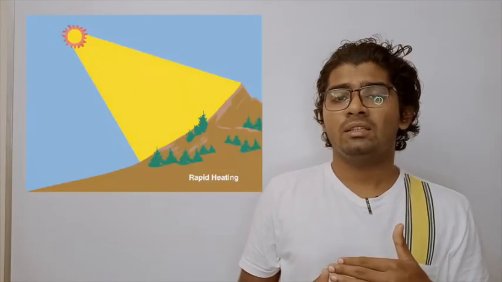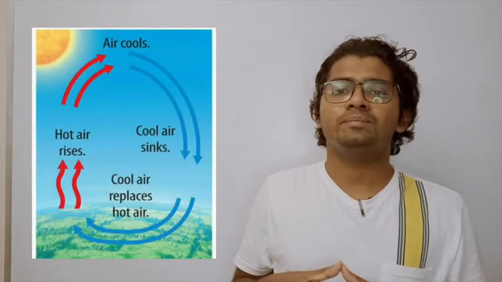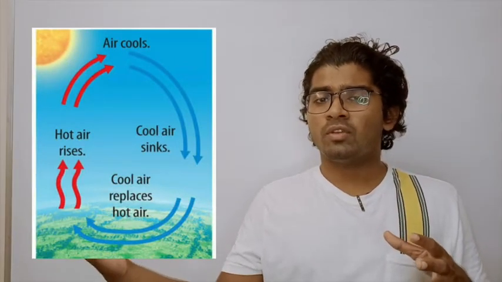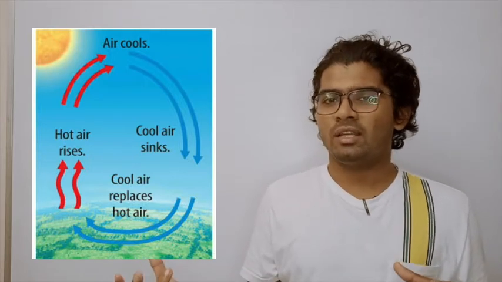So we already know that earth surface cools down and heats up very quickly. This phenomenon influences the climate of that specific area. You can see the wind goes from high pressure area to low pressure area.